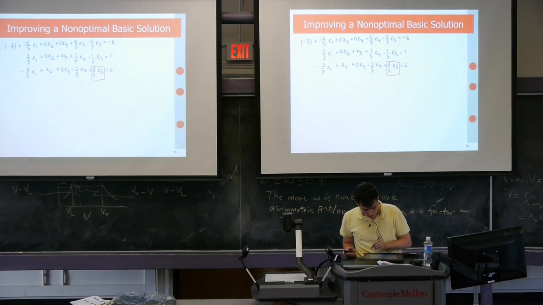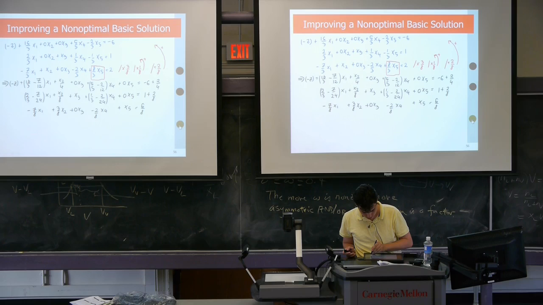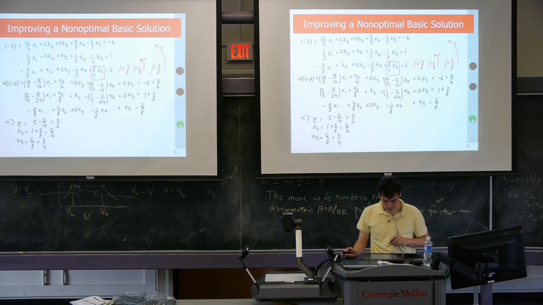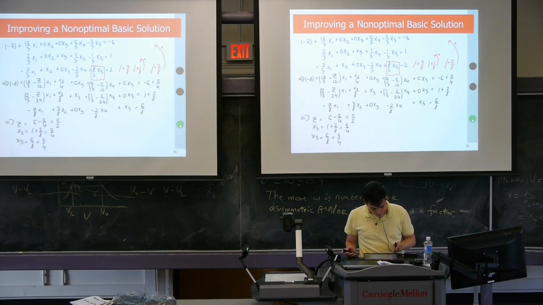Okay, and now if you do these steps, then you will get this system here where you can see that the new value of z will be minus times the negative of minus 6 plus 2 over 4, that's 11 over 2.